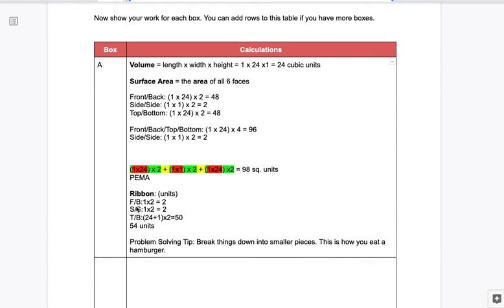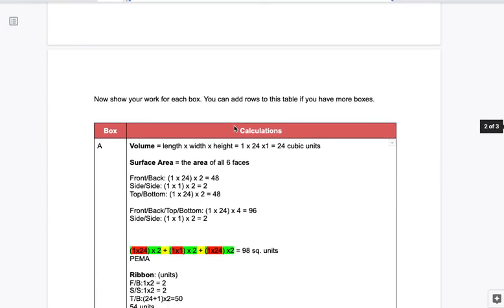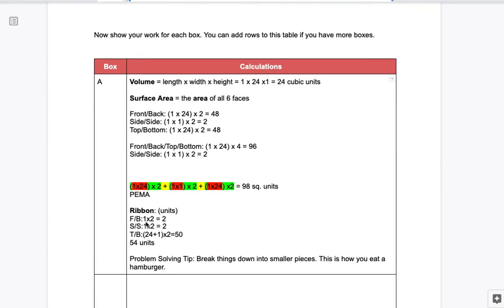The ribbon, we can just take a look back at the picture and try to piece this together with the front, back, side, top, bottom again. Oh, look at this. Even though it's a huge long box, we only have one linear unit of ribbon. So we get 1 on the front and 1 on the back, so 1 times 2.